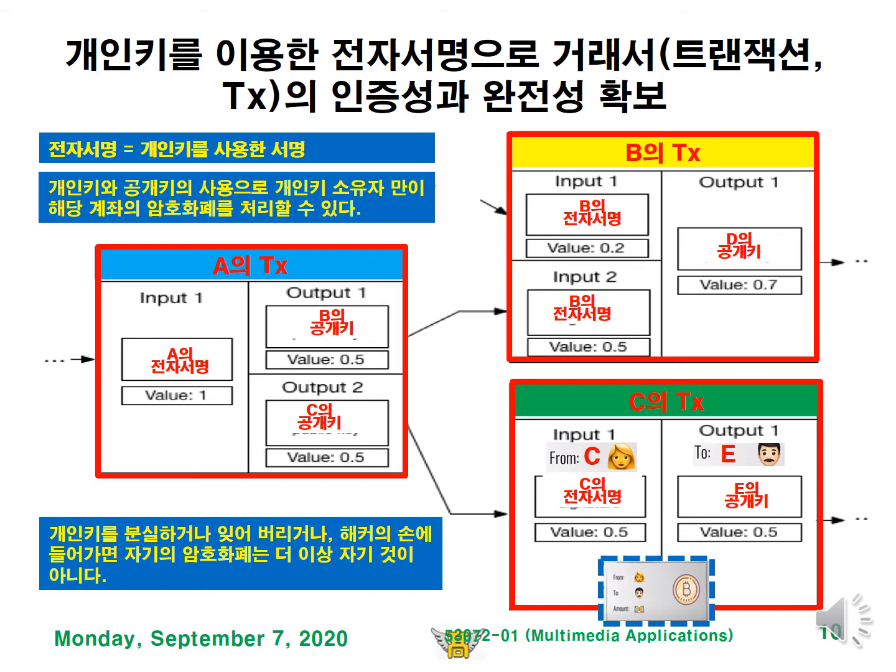Let's look at transaction. Okay, a transaction usually consists of input and output. Okay, input can be multiple. Also, output can be multiple outputs.